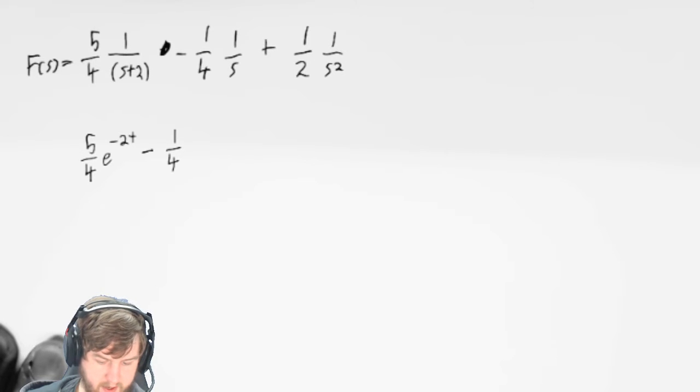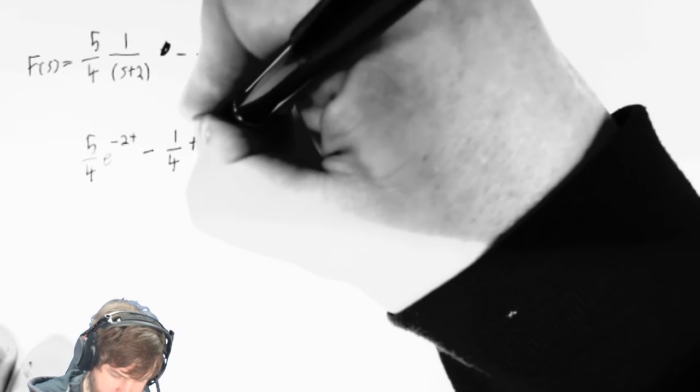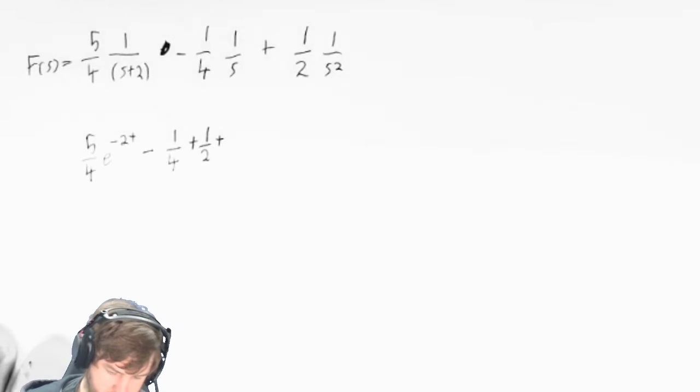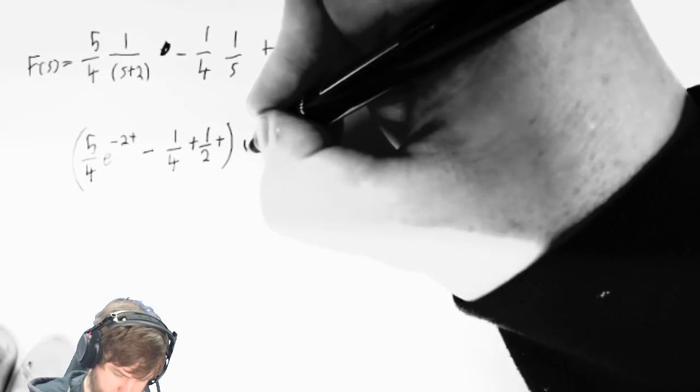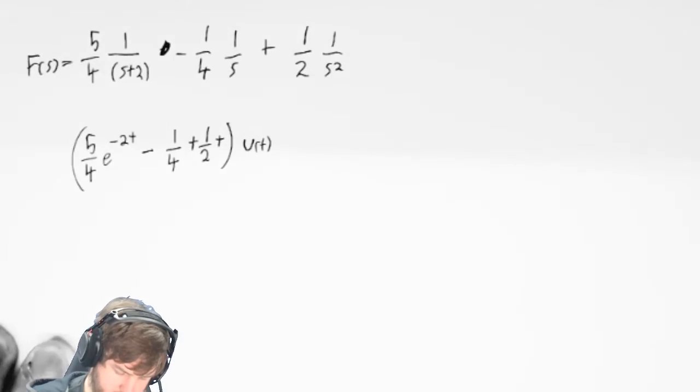And 1 over s squared is going to turn into t, so it'll be 1/2 t. And all this, of course, times the unit step function.